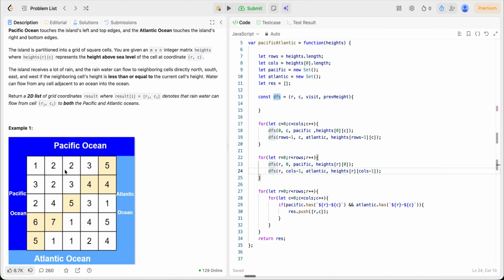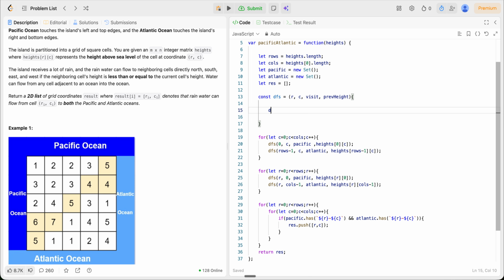If I'm at this particular cell, it can go towards the bottom, the right, and the left as well. So we just have to pass DFS R plus 1, C, visit, and previous height will be height of R, C.